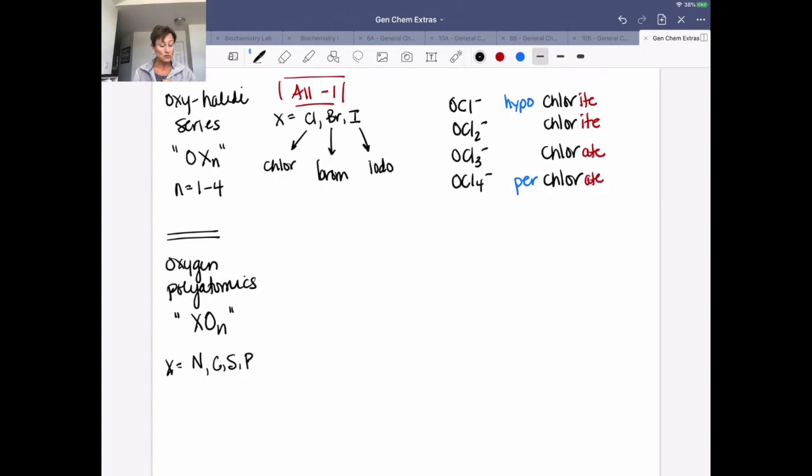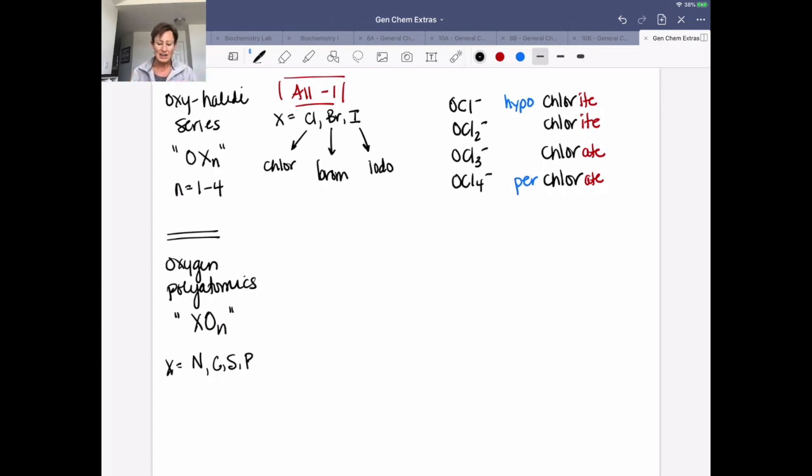We're going to just have those four elements that we're going to kind of consider here. And then what we're going to consider is that they can have different numbers of oxygens, and it's not going to be every possible. It's not going to be all of them having 1 through 4 possibilities for the number of oxygen.